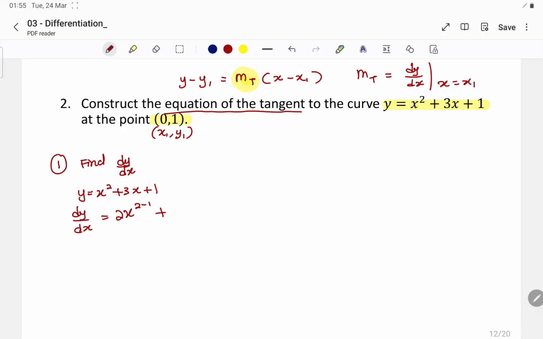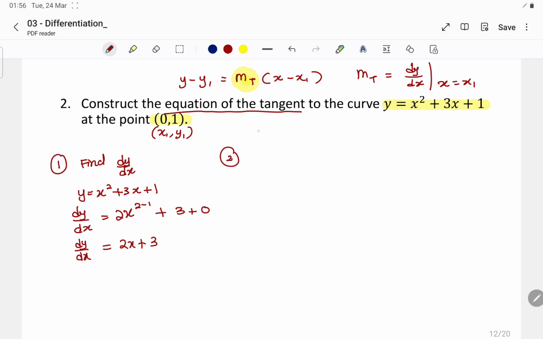This is the constant multiple rule. So 3x, when we differentiate, becomes 3. Then plus 1, we differentiate and it becomes 0. So the final answer here becomes 2x to the power of 1, so 2x, plus 3. So this is your dy/dx. This is the first step.